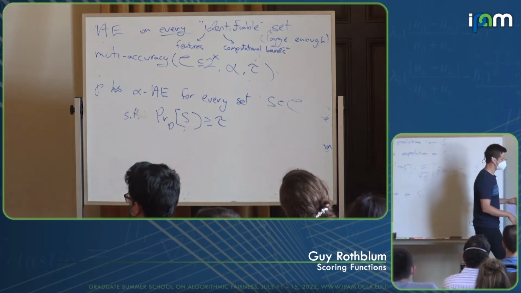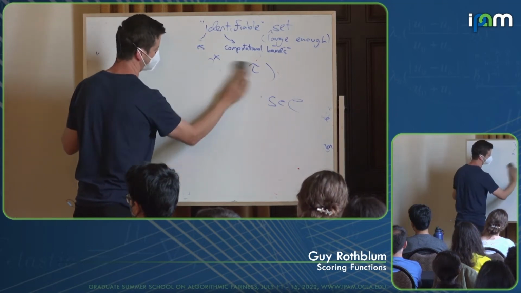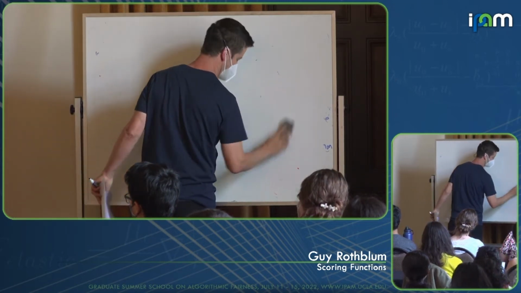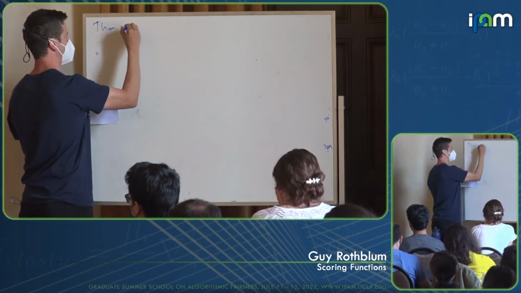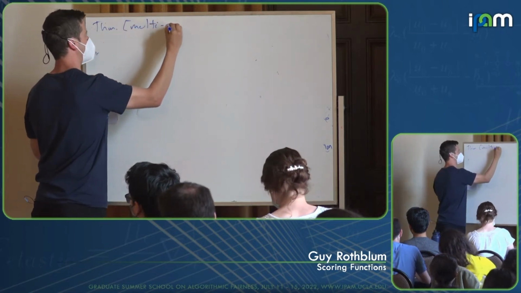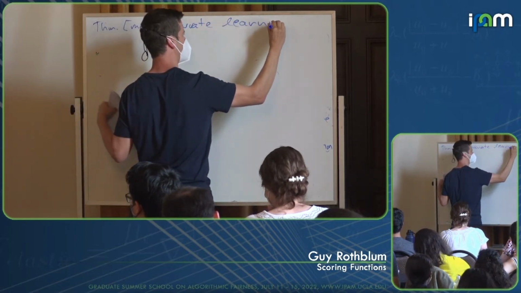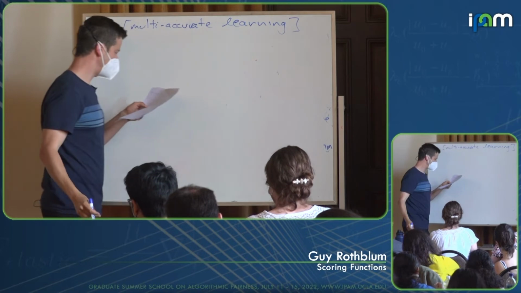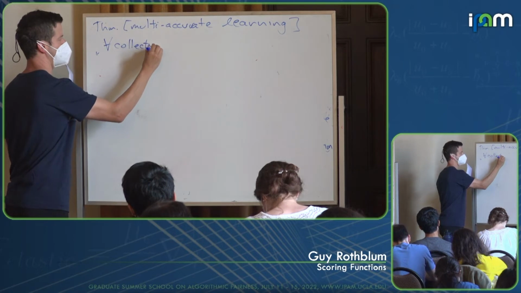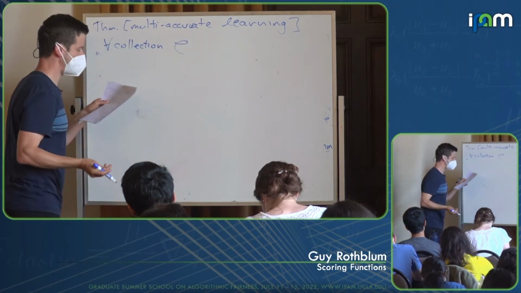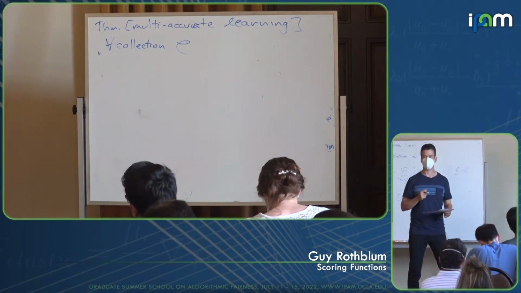So the theorem I want to show, the learning algorithm that I want us to see today, is that we can always learn a multi-accurate predictor. For every collection C, I'm thinking of it as finite, although you can get versions of this theorem for infinite collections.